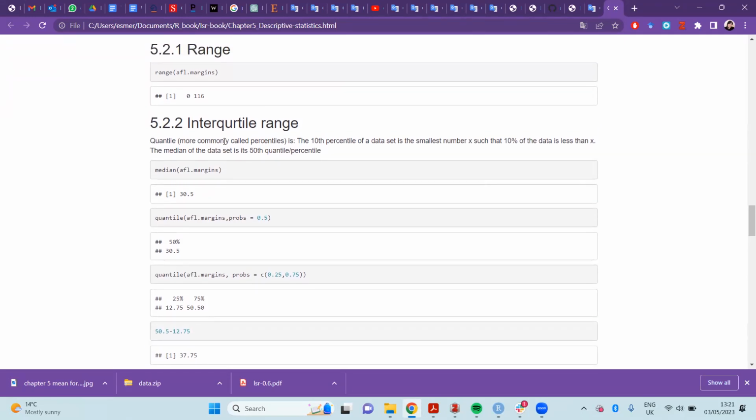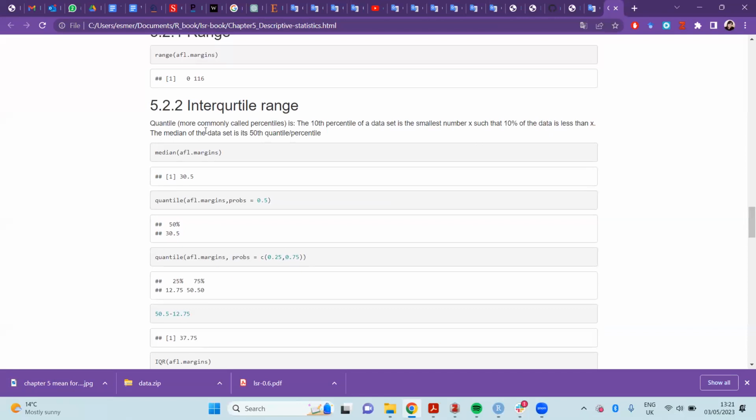We have the interquantile range, which, yeah, a quantile or a percentile is defined here with an example. The 10th percentile of a data set is the smallest number x such that 10% of the data is less than x.